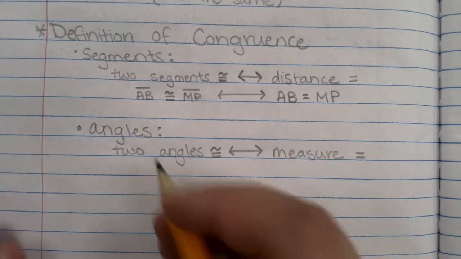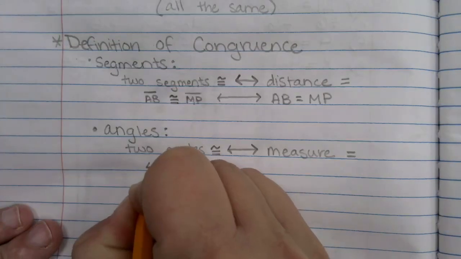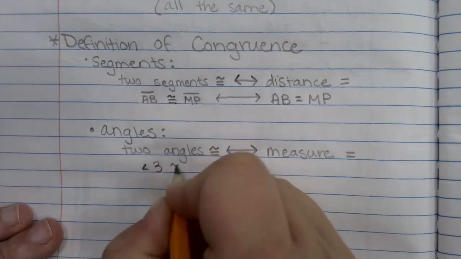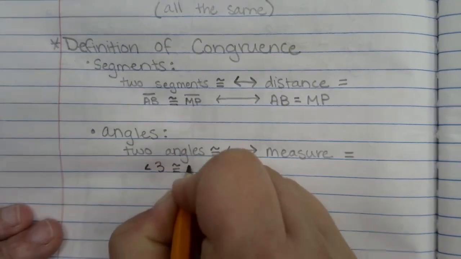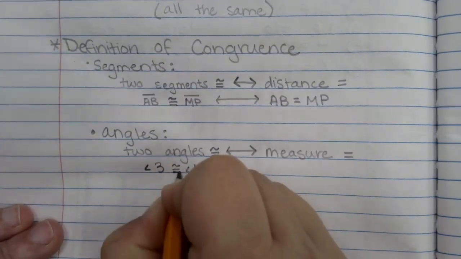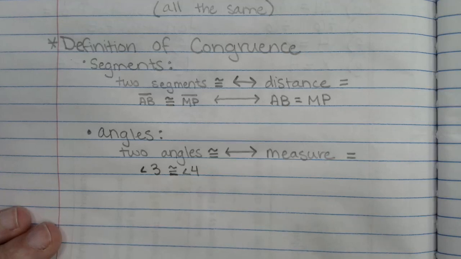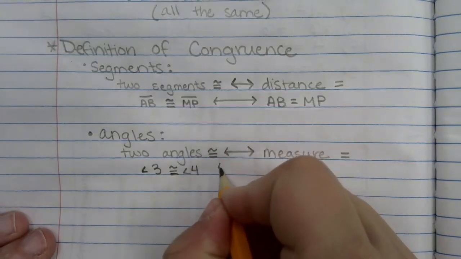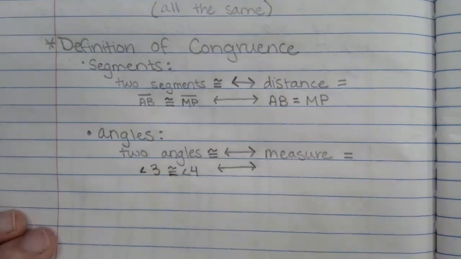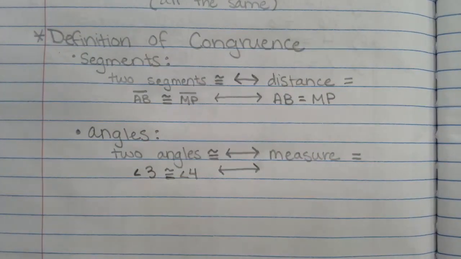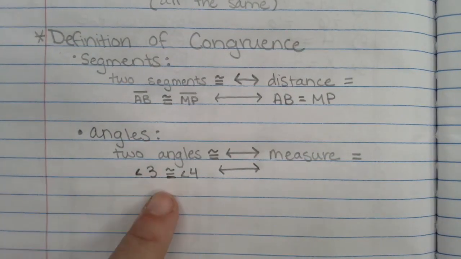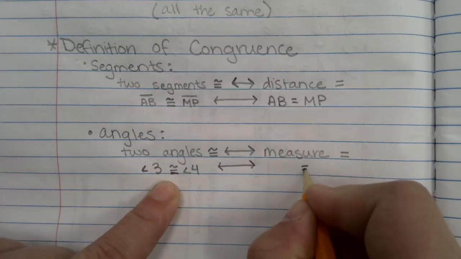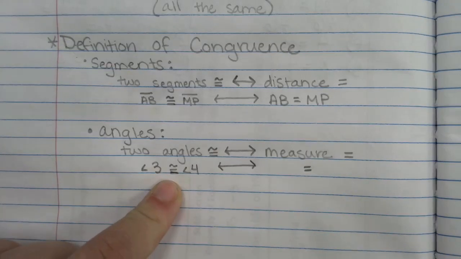So if I know that angle 3 is congruent to angle 4, in the next sentence, if I need to do something with an equal sign, right now I can't introduce an equal sign until I say, oh, congruent really means that they are equal. And what part of them are equal?